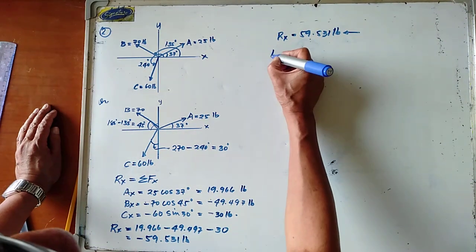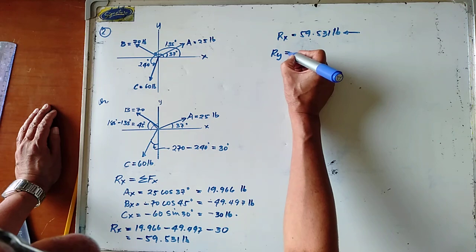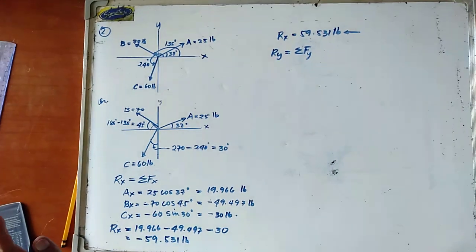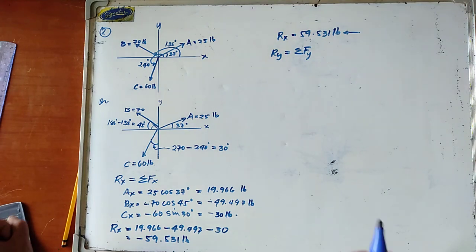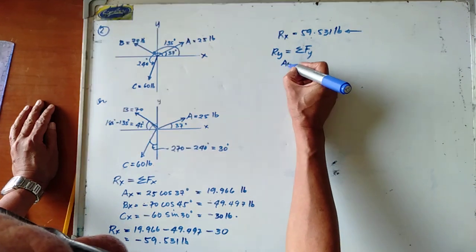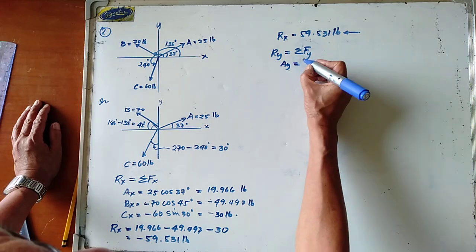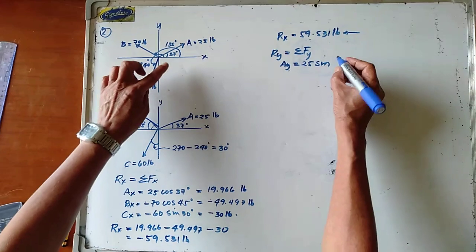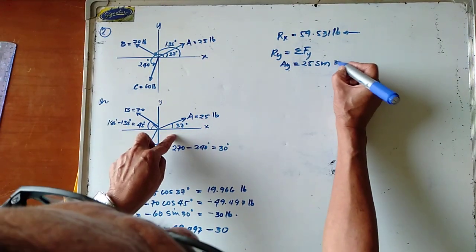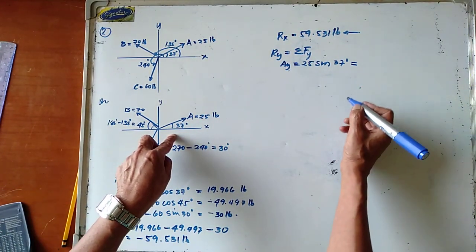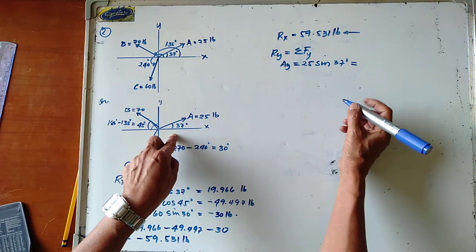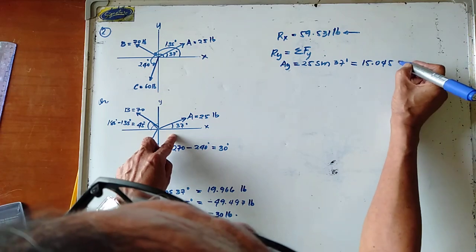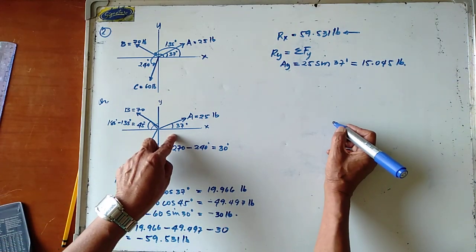Similarly, Ry is equal to the summation of forces along the y-axis. Ay is 25 sine of 37 degrees, which is 15.045 pounds.